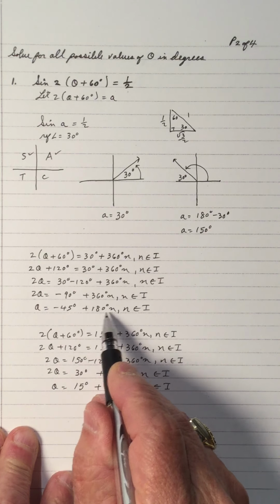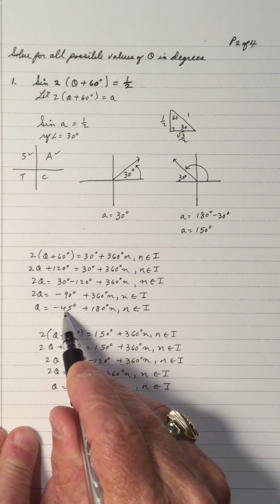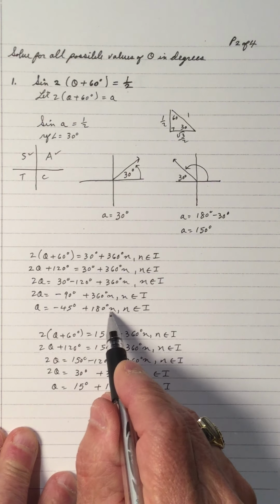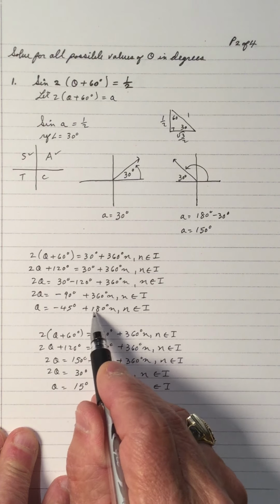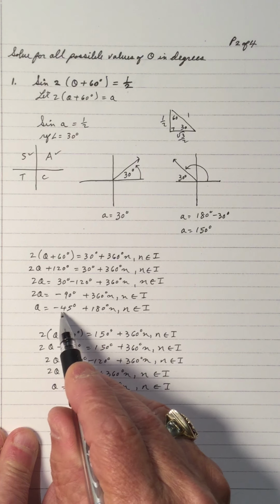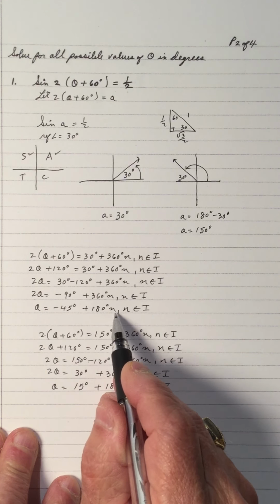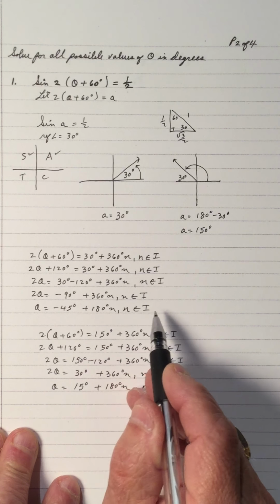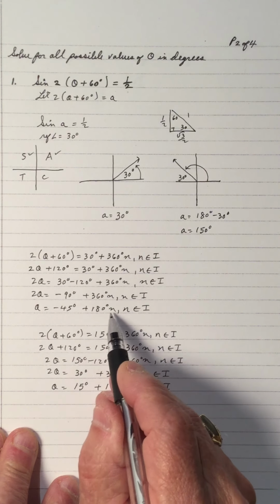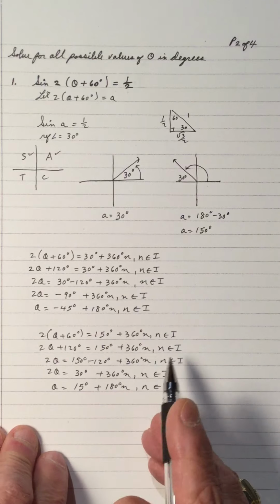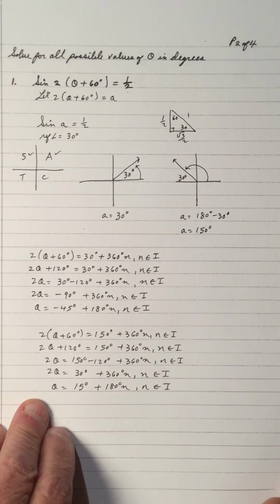You let n be 2, you get 360 minus 45. They keep on going. You let n be negative 1, you get negative 180 minus 45. So n is 0, 1, 2, 3, 4 on to infinity, or negative 1, negative 2, negative 3 to infinity for each one of these.